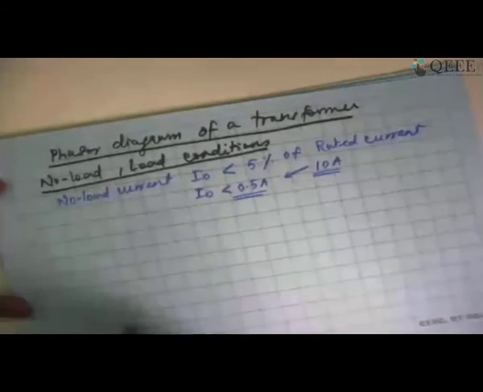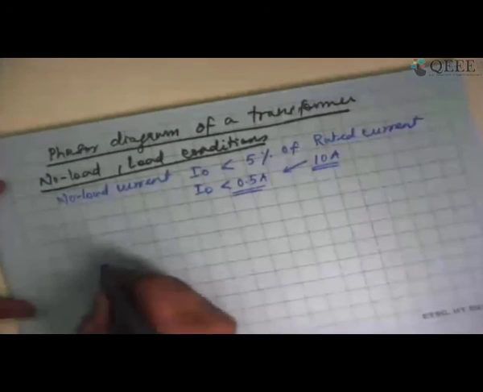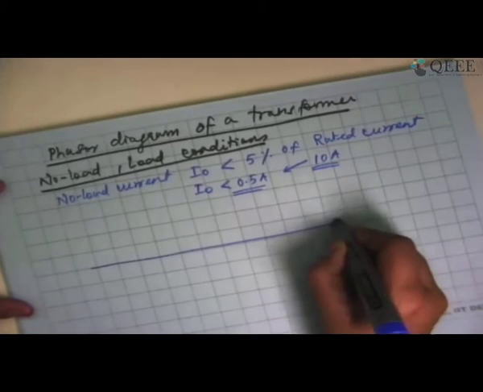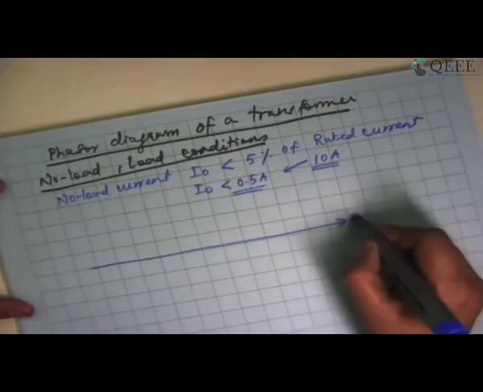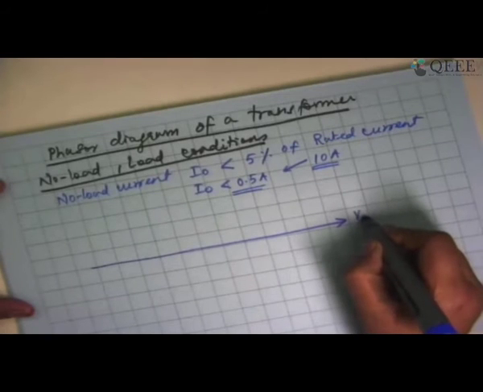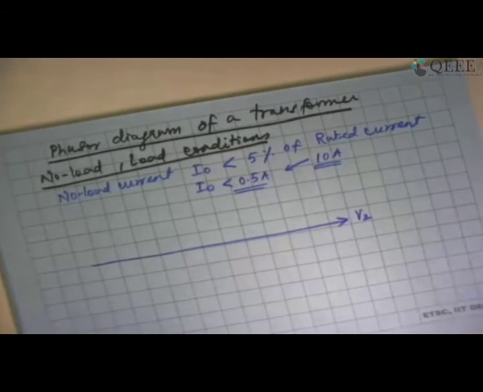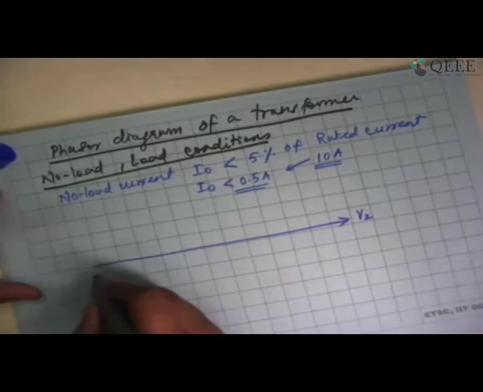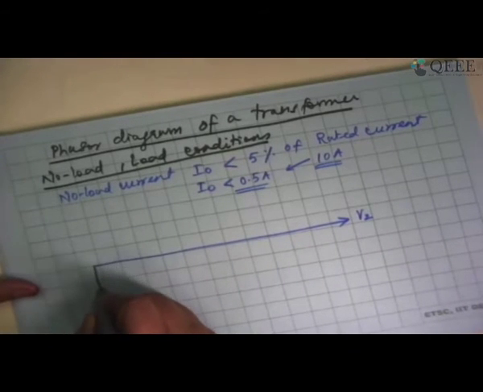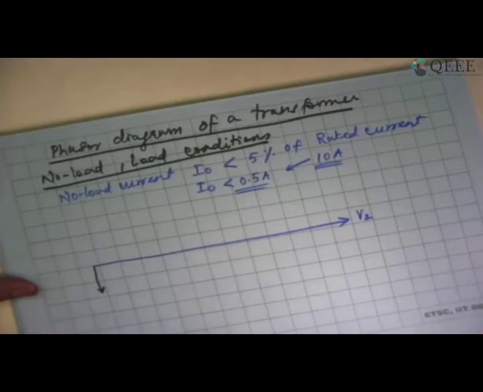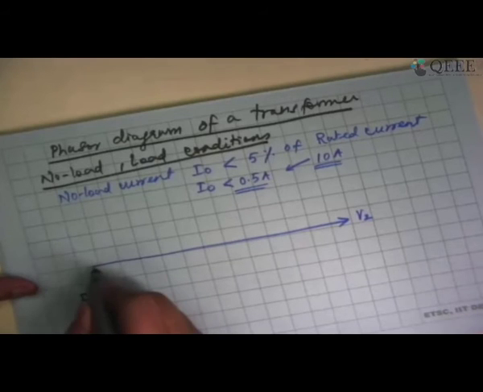So let us first of all try to get the complete phasor diagram. Let us say this is my V2 or V1, both of them roughly. Now I'm going to have the magnetizing current at 90 degrees compared to this. It is going to lag behind by 90 degrees because it is an inductive current.